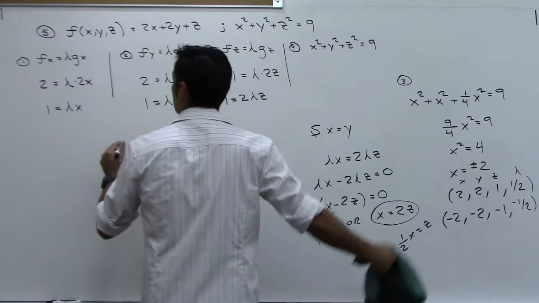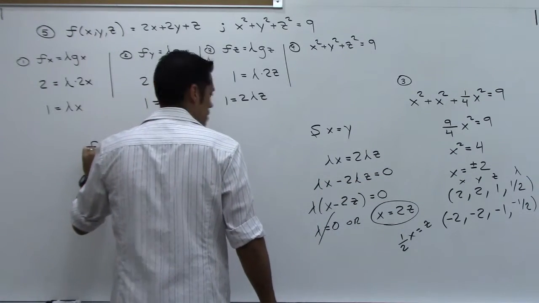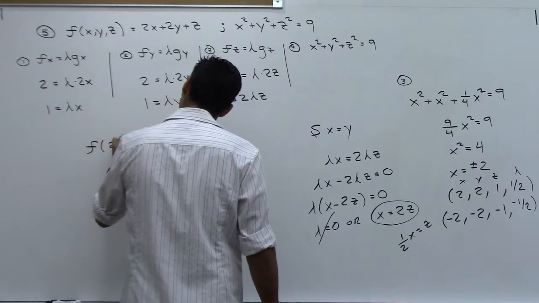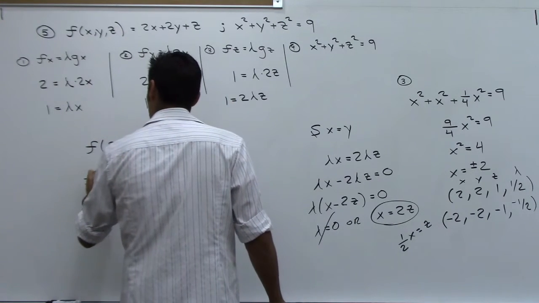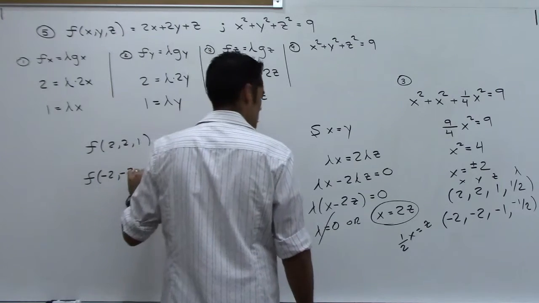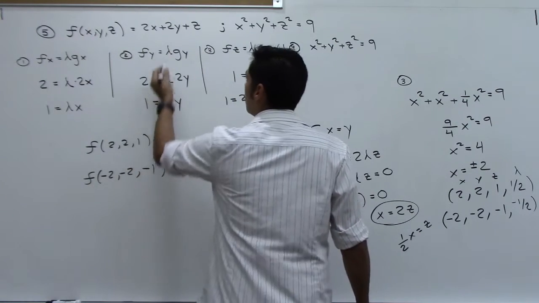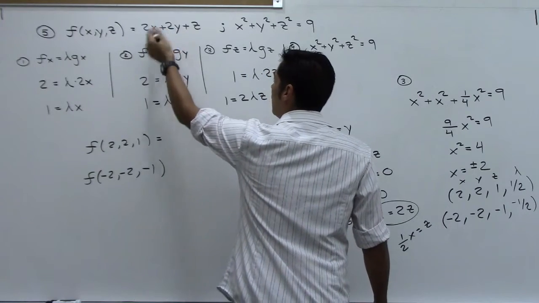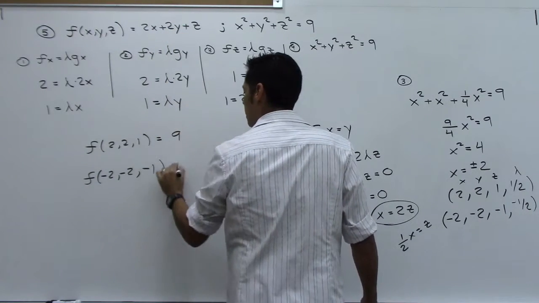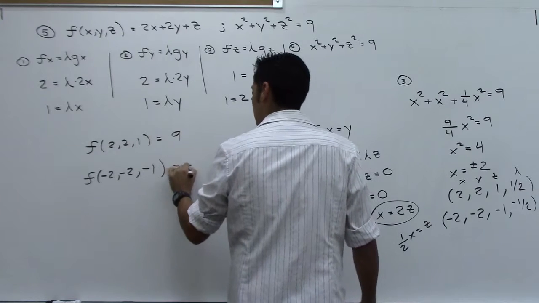The x, y, and z, I get f of 2, 2, 1. We also look at f of -2, -2, negative 1. Let's see, if I plug in 2, 2, 1, I get 4, 4, that's 8, and 1, that's 9. And if I plug this in, I get negative 9.